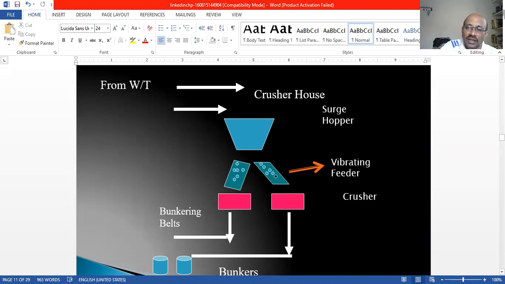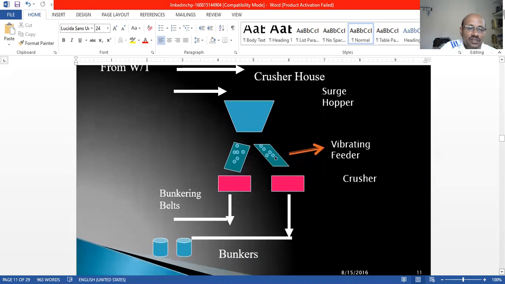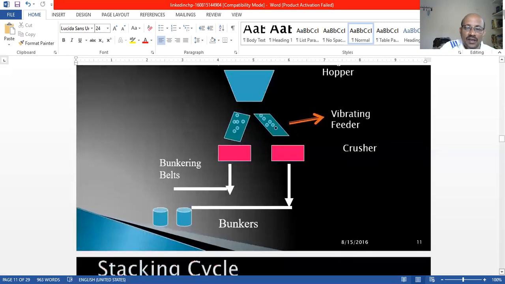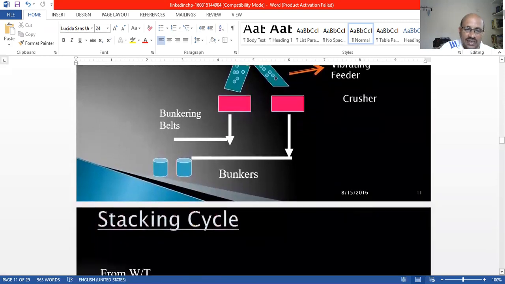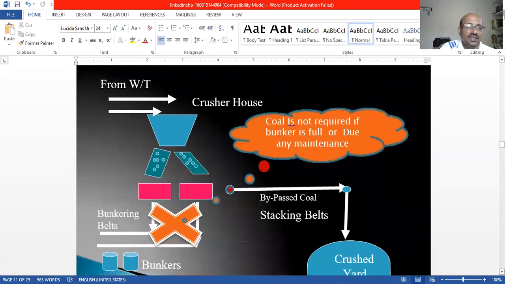Another thing we'll see is the stacking cycle, which we discussed earlier. What is the stacking cycle? The coal comes to the hopper, and from the hopper we store it in the bunkers with the help of belts.